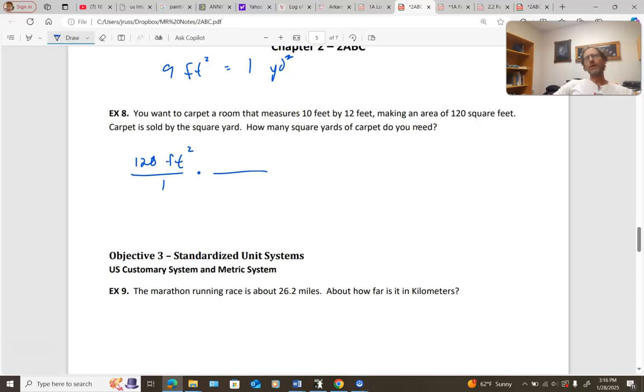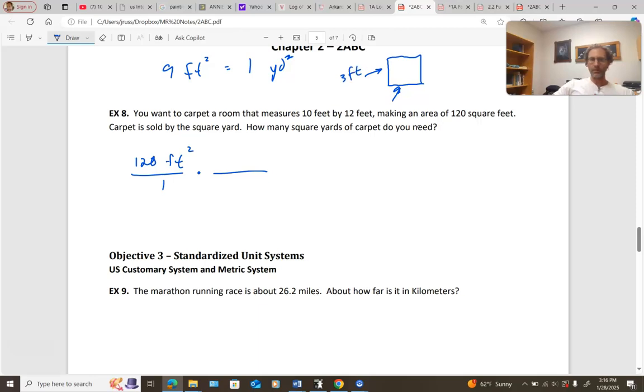So remember a minute ago I said that 1 yard contained 3 feet. Well, a square yard would look something like this. It would be a square that measures a yard on each side. So this dimension would be a yard, and this dimension would be a yard. But how many feet are in a yard? Well, 3 feet. Okay?